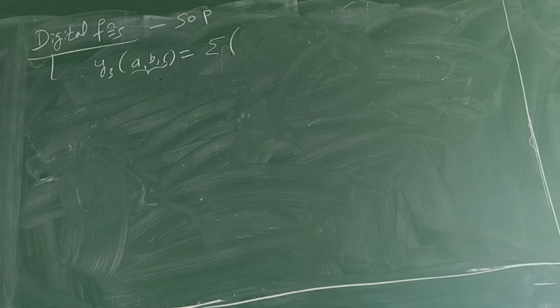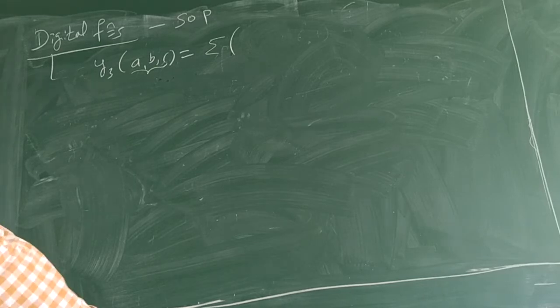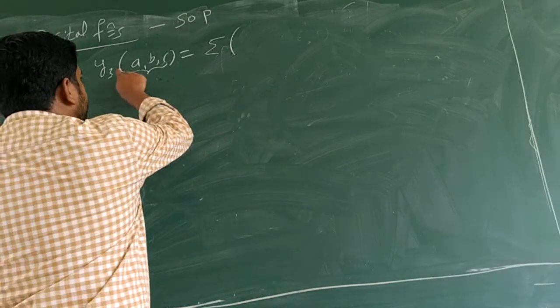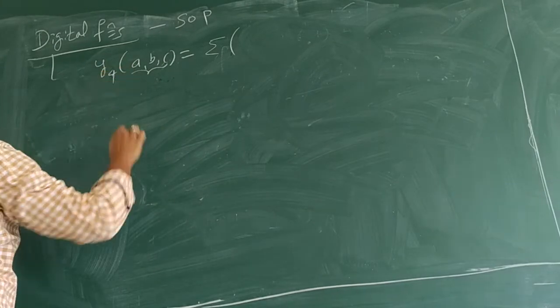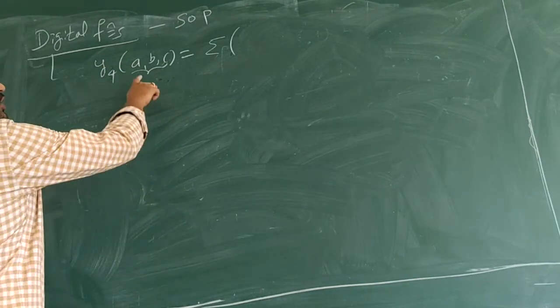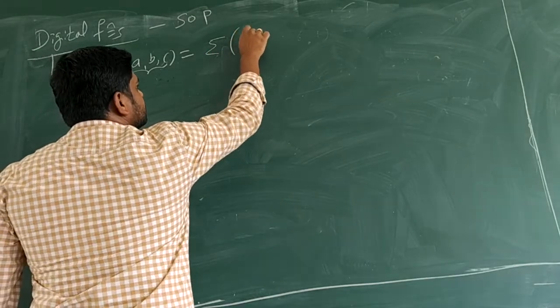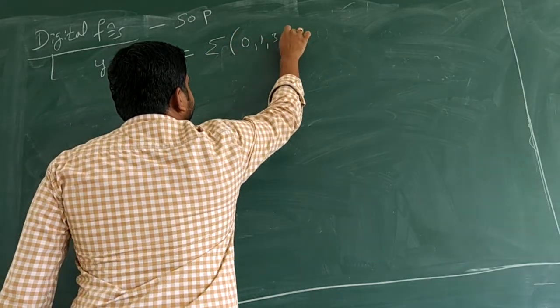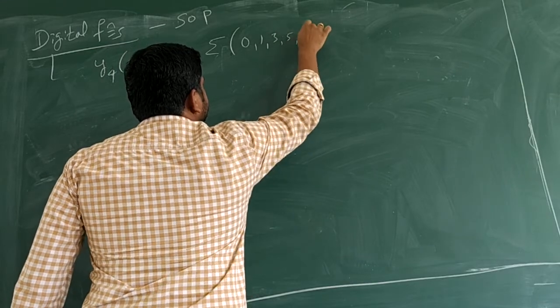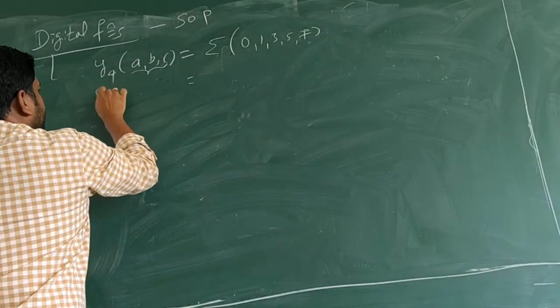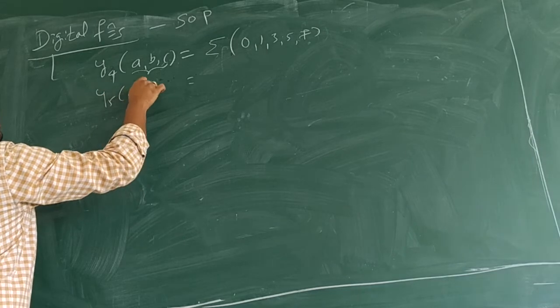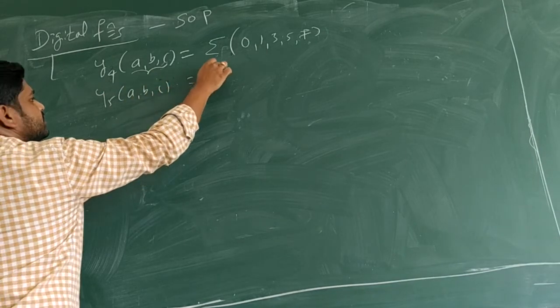Okay, I will give a few problems for your practice. y4 is a function of three variables A, B, C, and it is SOP for 0, 1, 3, 5, 7. Next, y5 is a function of three variables.